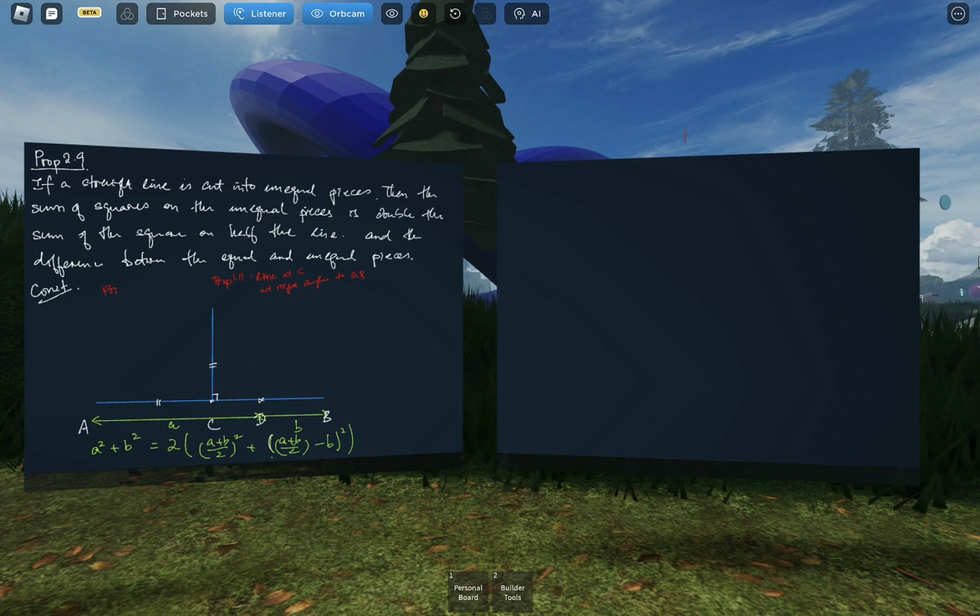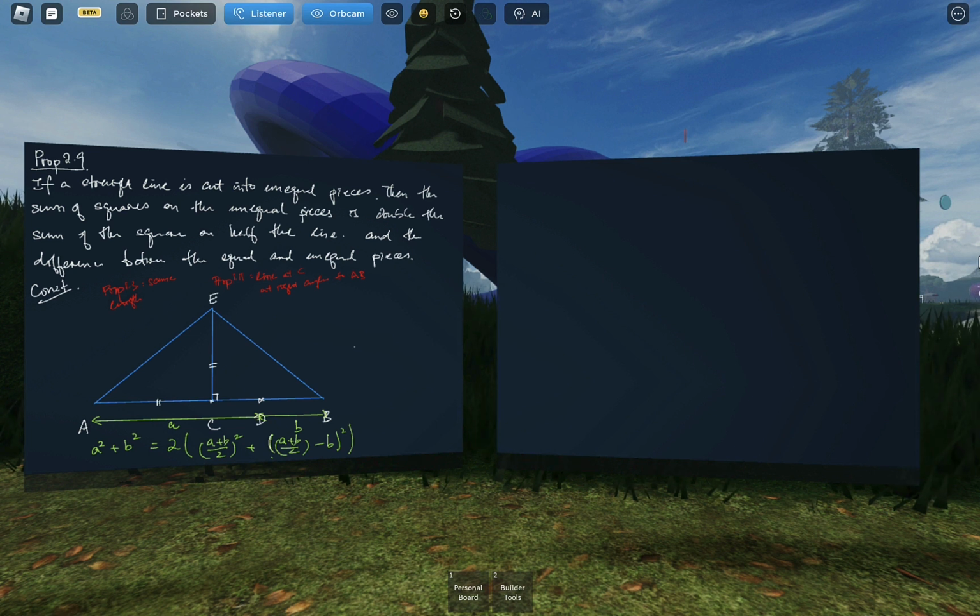And proposition 1.3 allows us to give this line segment the same length. I'll just write same length. And so this is point E then. And we're just going to join up the rest of these points that we've created.